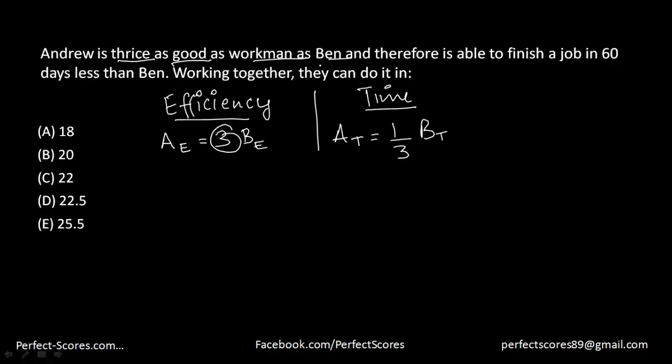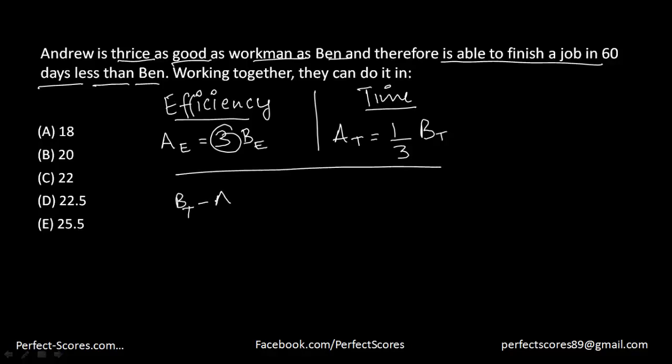Now the question says that Andrew is able to finish the job in 60 days less than Ben. That means the time taken by Ben minus the time taken by Andrew is actually equal to 60 days, right?